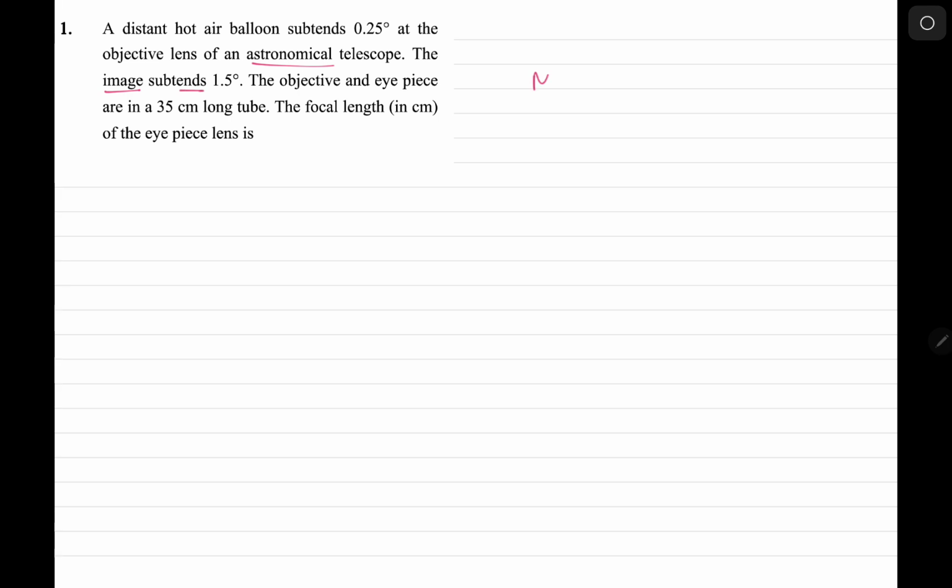We know the formula of magnification: it is beta by alpha. Beta is the angle formed on the eyepiece, alpha is the angle formed on the objective lens. Beta is given as 1.5 degree, and this one is given as 0.25 degree, which we can write as 1 by 4, which means the magnification is 6. So M value is 6 here.